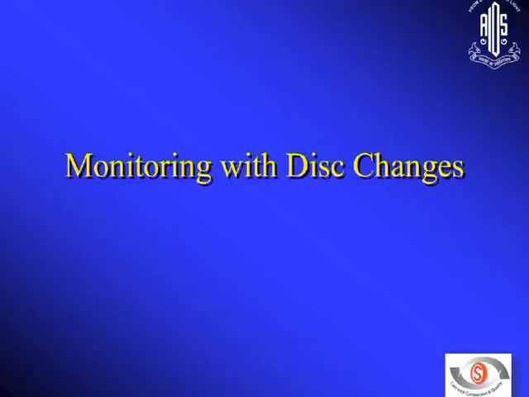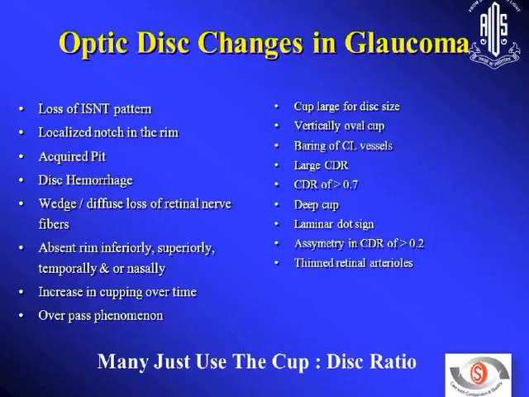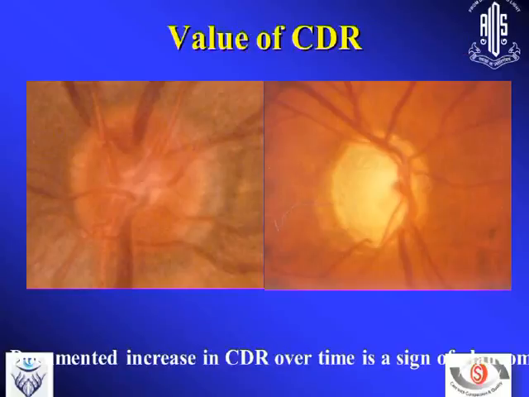Now there are lots of parameters. I'm not going to talk about which parameters are important, but if you are doing the clinical examination, you must remember that a change in cup disc ratio over a period of years is a definite sign of glaucoma progression. Not just gross changes, but a subtle cup disc ratio increase over a period of years is important.